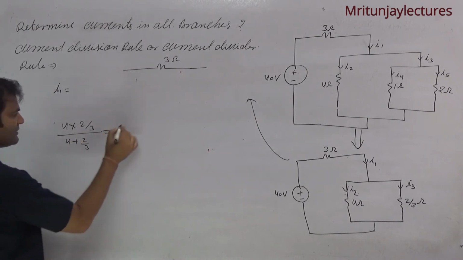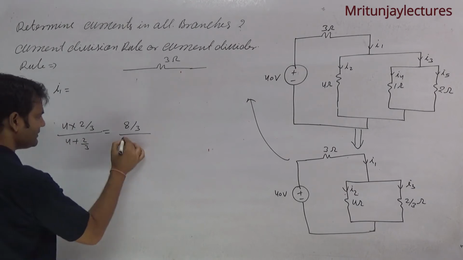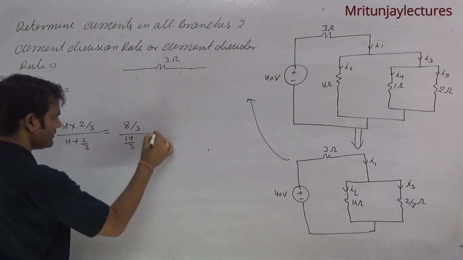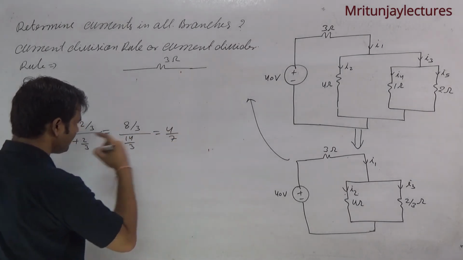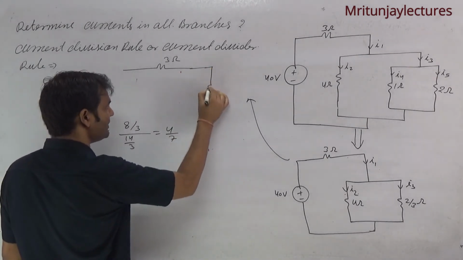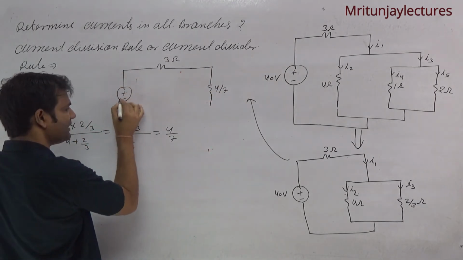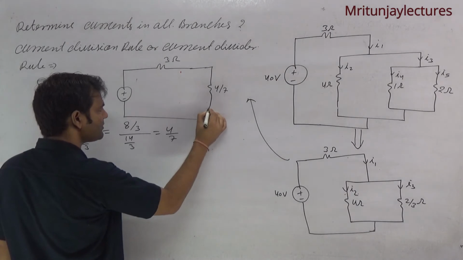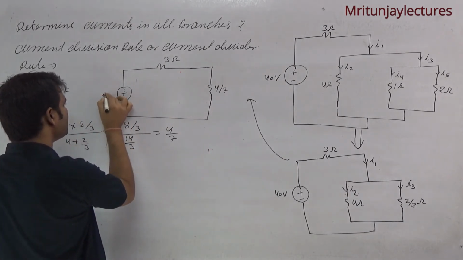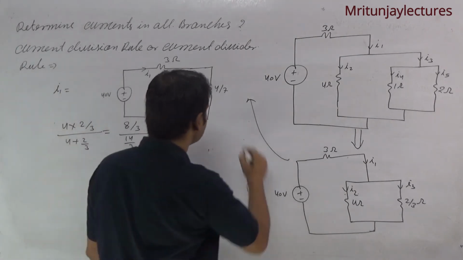It is written as 8 by 3 divided by 14 by 3, so it is written as 4 by 7, that is 4 by 7. These two combined give 4 by 7 ohm, and this one is plus minus 40 volt, and that is I1. Clear?